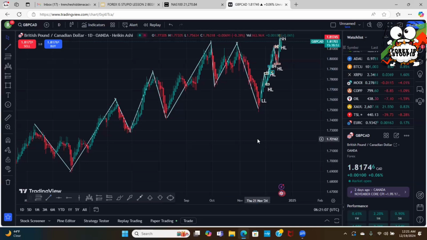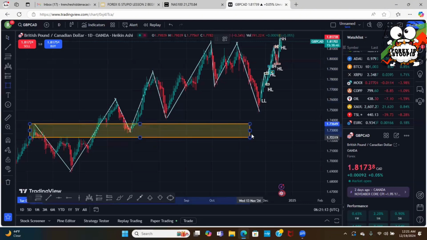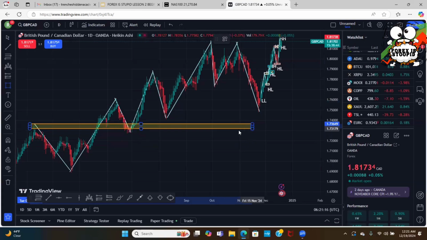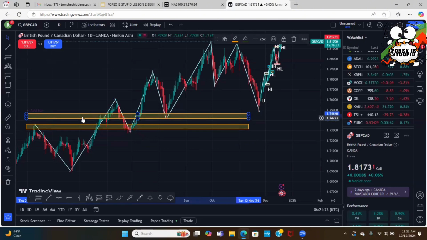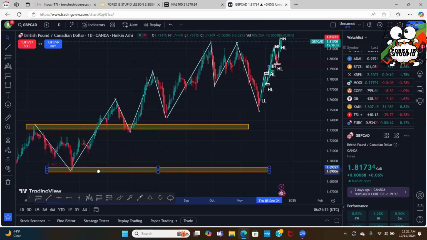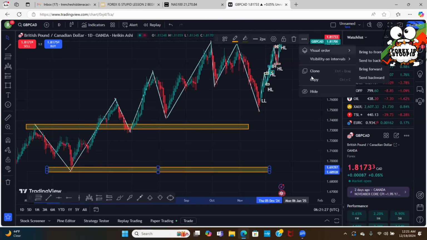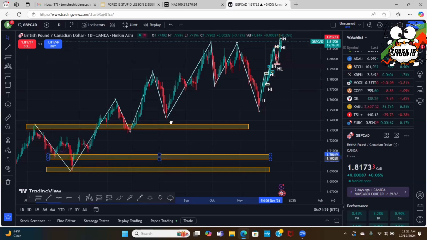Okay, so it will look like this. From that candle, previous high, previous low. For me, previous high, previous low.